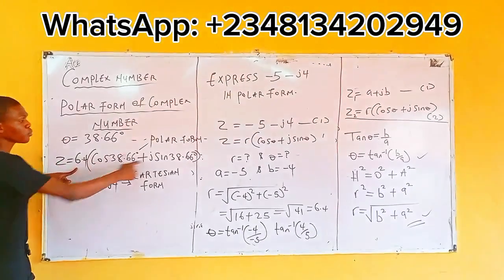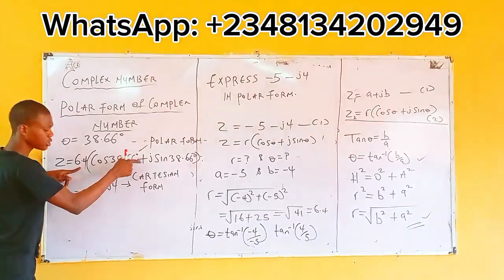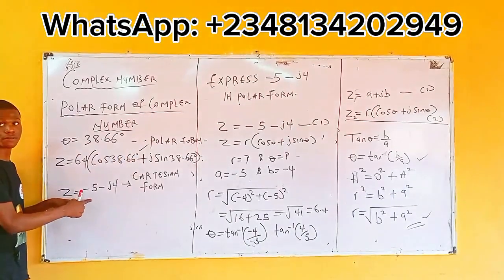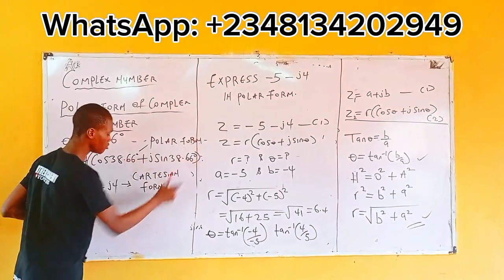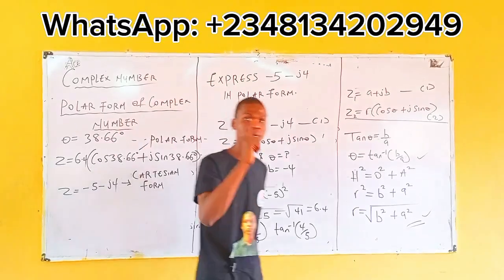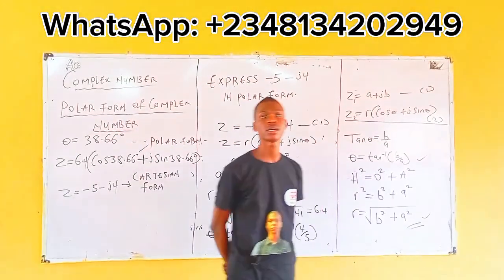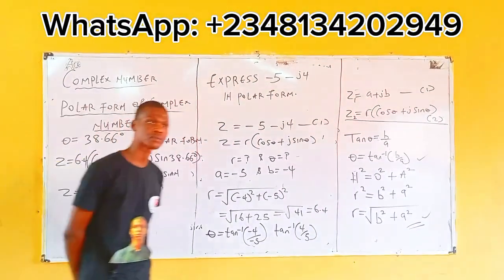By that you input this in your calculator. 6.4 cos 38.66 degrees, you must get -5. 6.4 sin 38.66 degrees, you must get -4. If you are not getting it, try that first. Let's see if you are going to get -5 or -4.